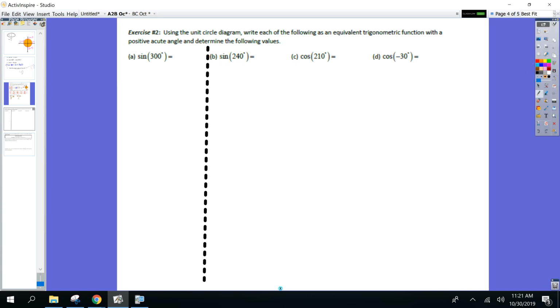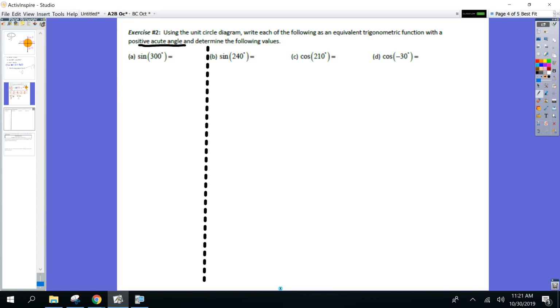So we have two different tasks here. I need you to rewrite sine of 300 as a function with a positive acute angle, meaning something less than 90, and I need you to determine the exact value of it. So let's get it smaller than 90 first.